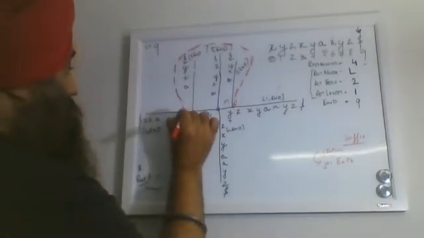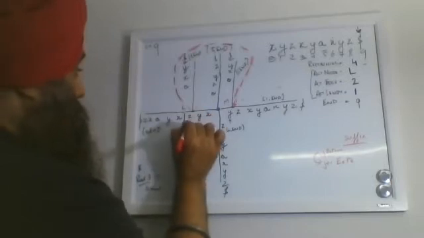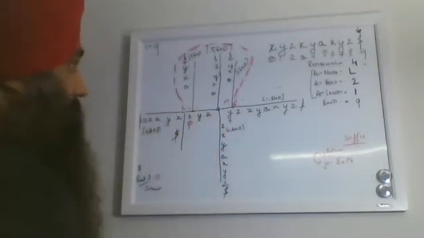Let's call this new node P. Now remember, as soon as we create a new edge, we decrement remaining by 1, so our remaining becomes 3.